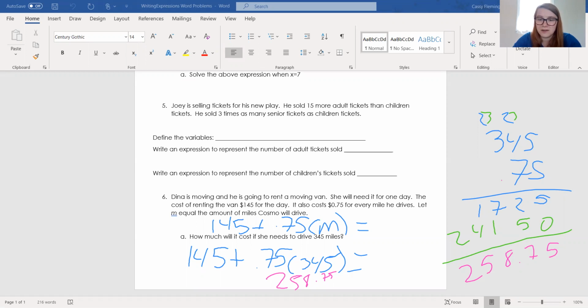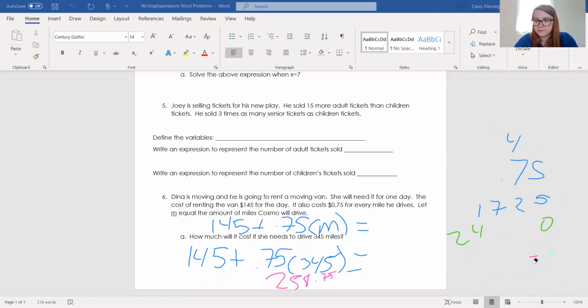All right, calculator. So now all we have to do is add the initial fee of $145 to the mileage. So, let me make some space. Let me remember what I was trying to do.